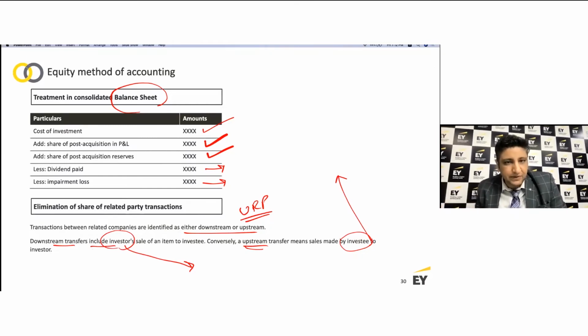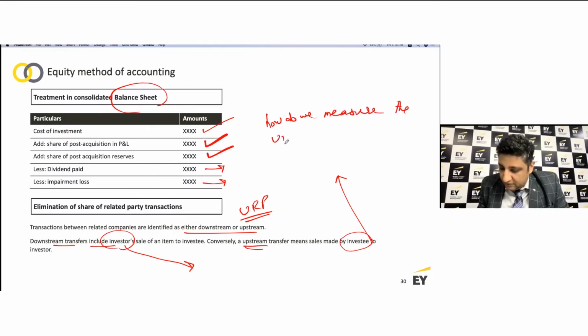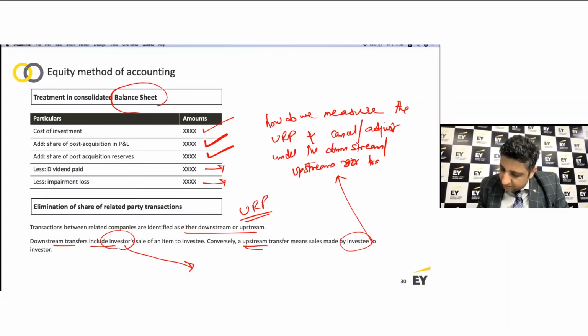We have discussed these concepts already under the consolidated financial statements, so we don't have to worry too much about that part. The question is, how do we measure the URP and cancel or adjust it under the downstream or upstream transaction?